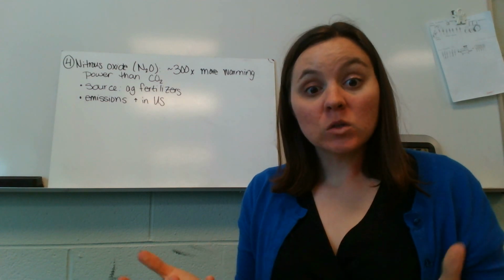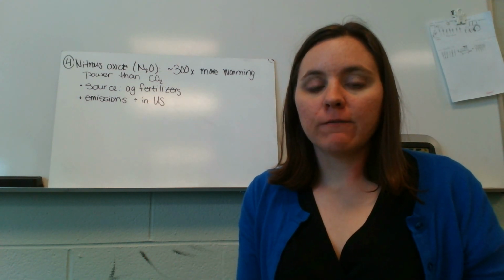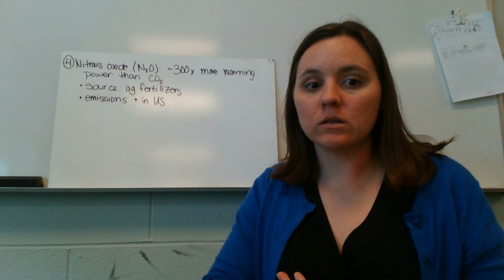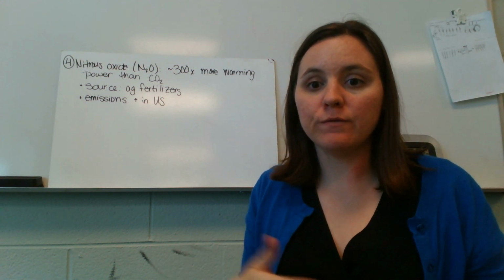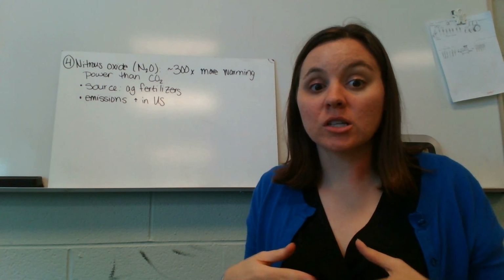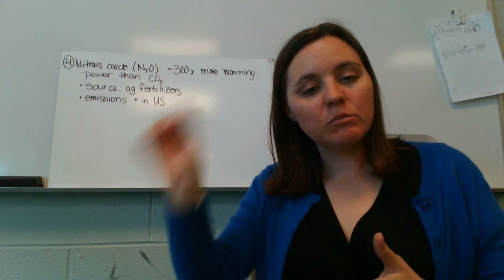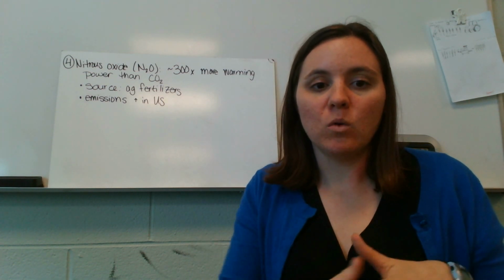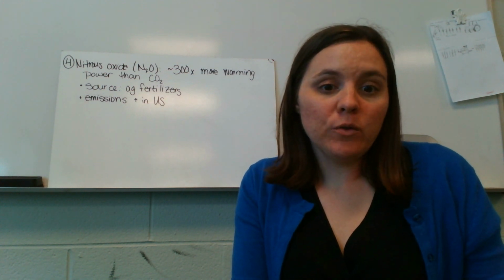So the main source of nitrous oxide is from agricultural fertilizers. So applying those synthetic chemical fertilizers to fields, that's where it usually comes from. And emissions are actually increasing in the US, but just a teeny weeny bit, because we're using more, because we're trying to grow more food.